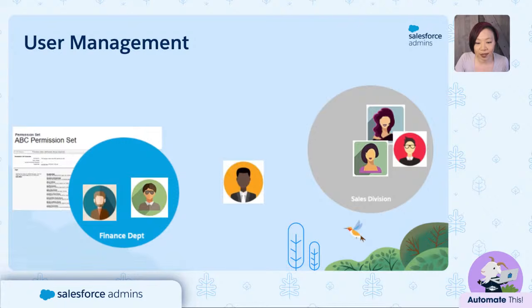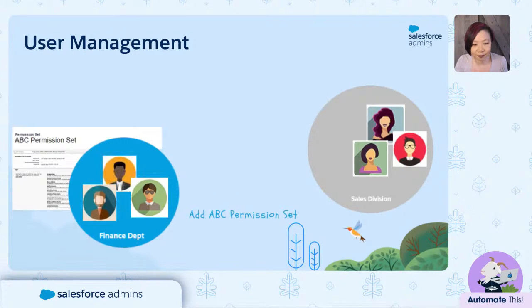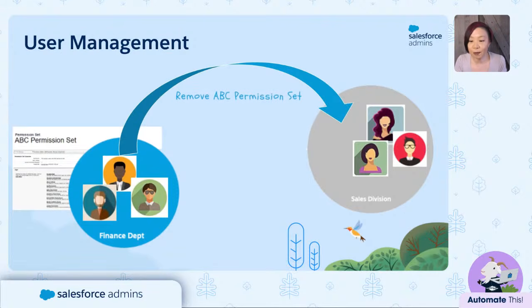So for our business requirements, when a finance user is added to Salesforce, we automatically add the ABC permission set. But if a user leaves the finance department and moves over to the sales division, we'll automatically remove that ABC permission set from the user.